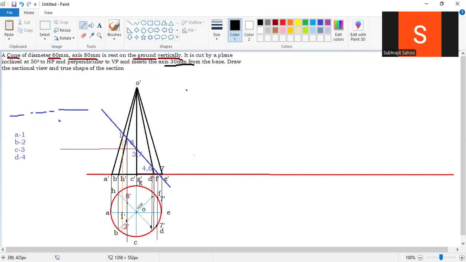Directly I cannot find out this point as I found the others, because here the generator and the projection line will coincide with each other. But in the other case, this is the generator and this is the projection line. They are not coinciding, but in this case it will coincide.